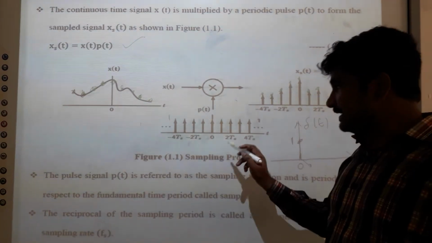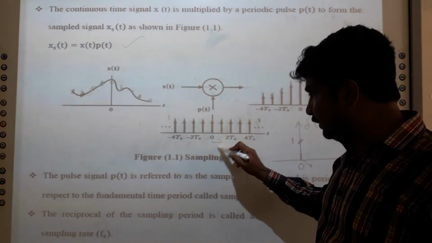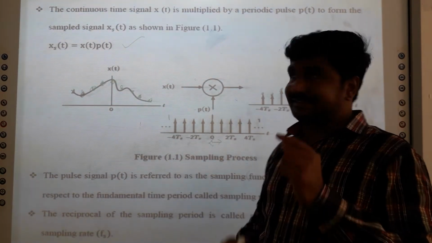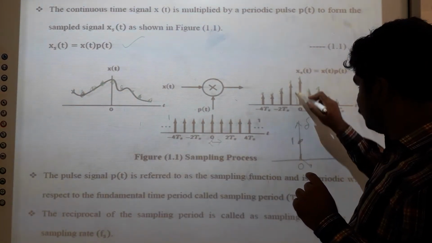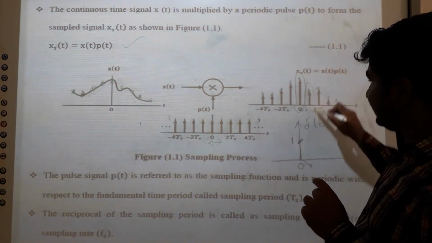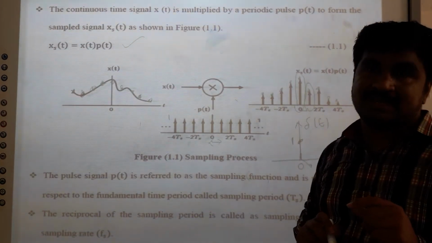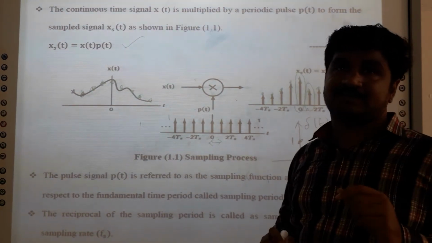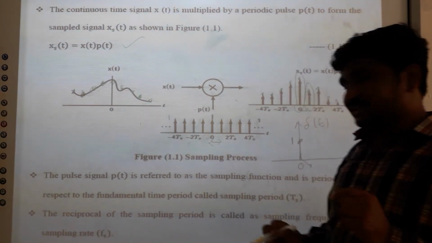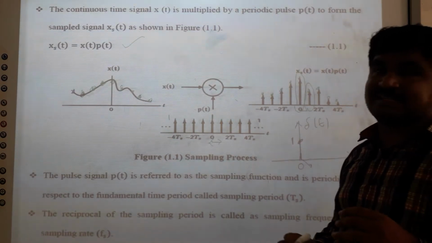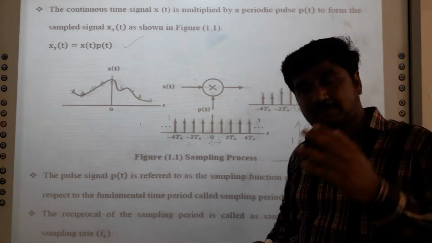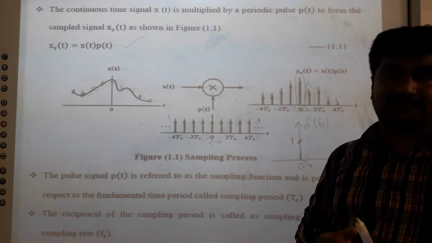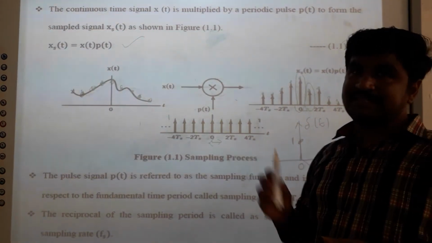Moreover, we have to be very much concerned about the time duration between one pulse and the next pulse. That is the time duration between one sample and the next consecutive sample, and that time duration is called the sampling time. And we always know that the sampling frequency is inversely proportional to the sampling time period.